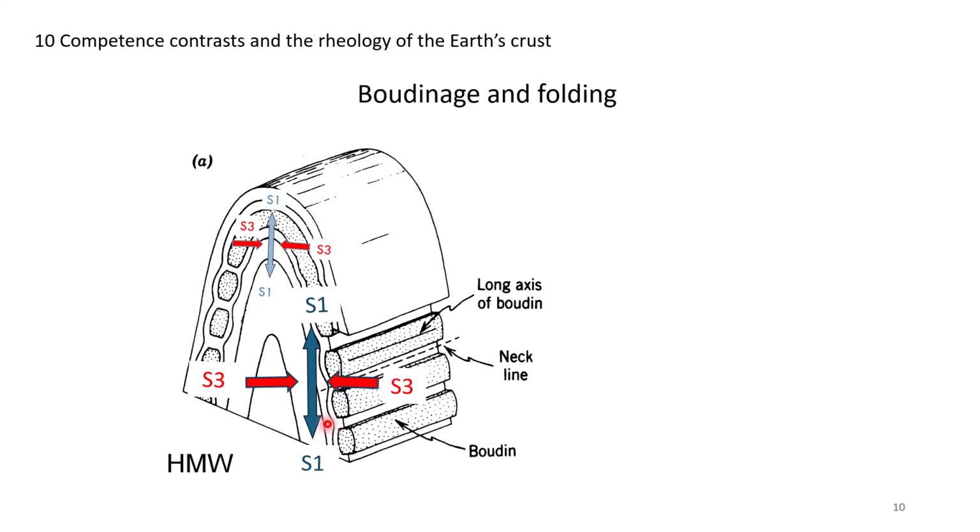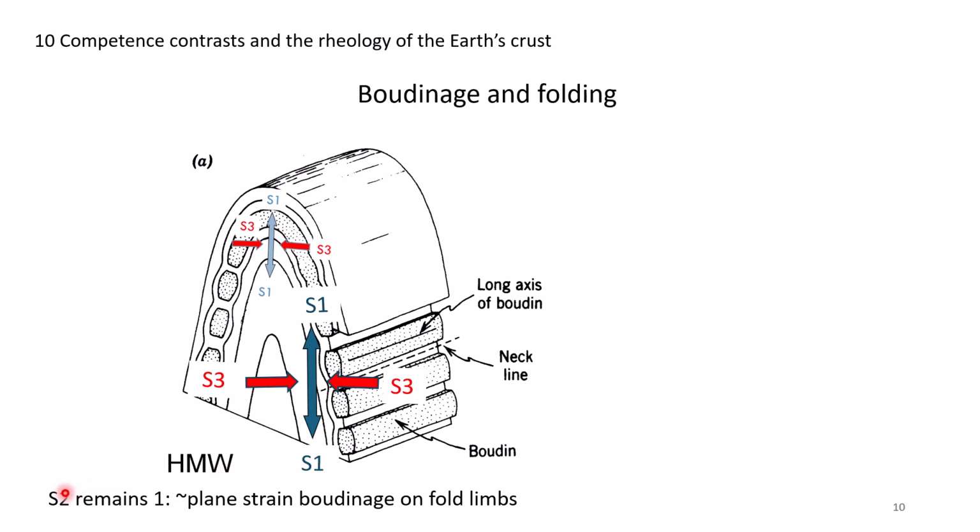We have stretching more or less parallel to the layer and shortening more or less perpendicular to the layer. These rod-like boudins that we see here indicate that there is not much strain taking place along the axis of the boudin, which would imply that we are looking at plane strain conditions.